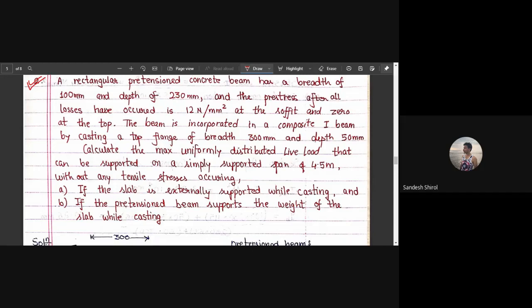The beam is incorporated in a composite I-beam by casting a top flange of breadth 300 mm and depth 50 mm. Calculate the maximum UDL, uniformly distributed live load, that can be supported on a simply supported span of 4.5 meters without any tensile stress occurring.